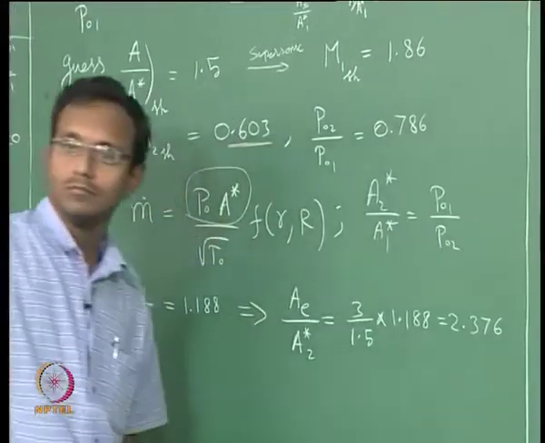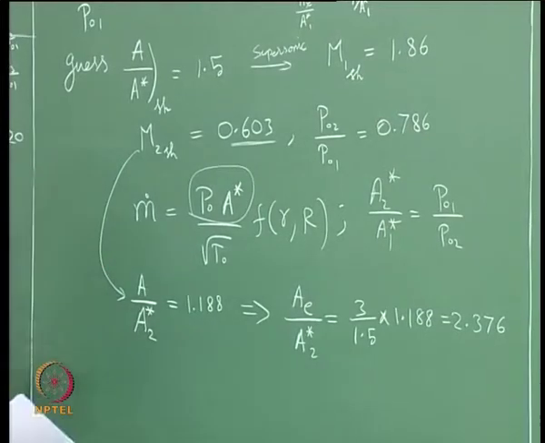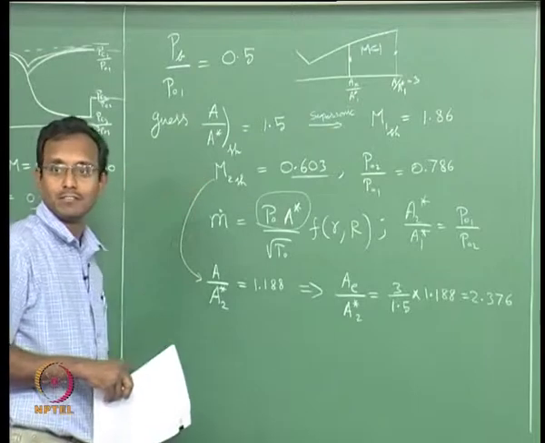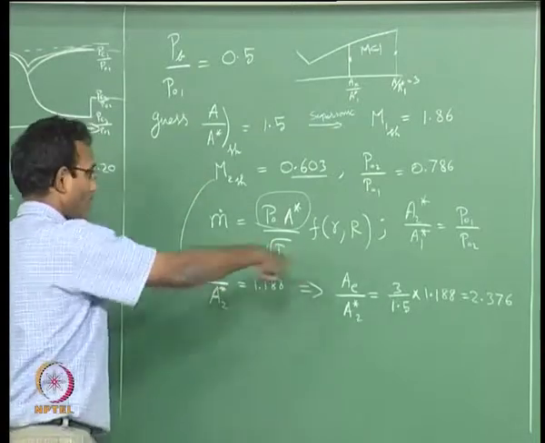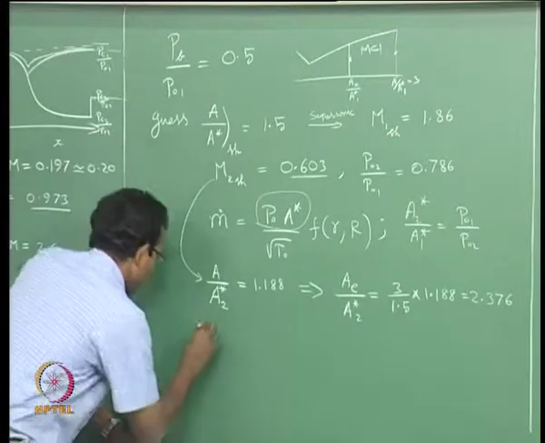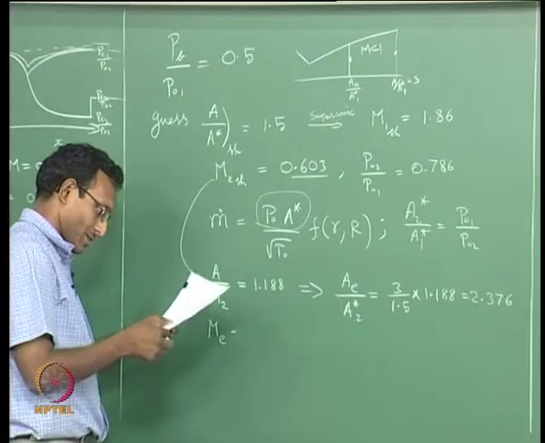Once I know this, I know A by A star at the exit, and I know the flow is subsonic at the exit. So all I have to do is look up A by A star in subsonic isentropic tables, find the subsonic solution for Mach number at the exit. So that is going to give me a Mach number.